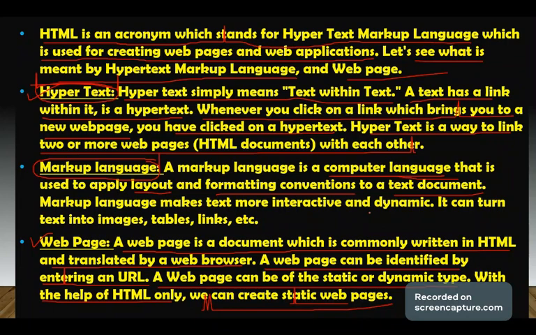It's a language through which we can make our web page creative and interactive. We can format it, we can edit it, and we can create it as per requirement. Markup language makes the text more interactive and dynamic. As I said just now, it can turn the text into images, tables, links, etc.